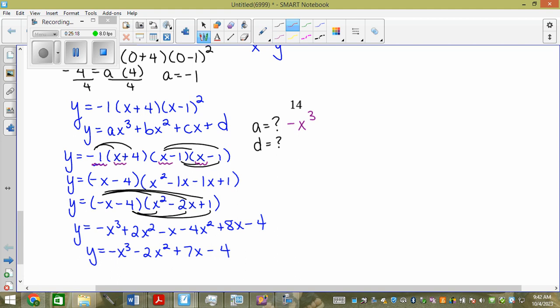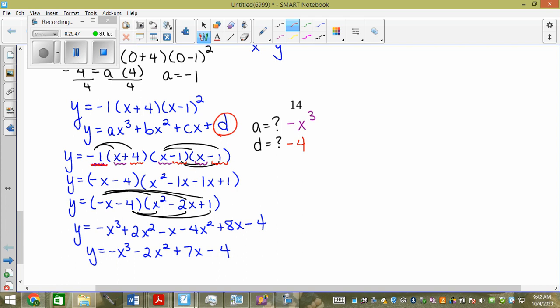If I want d, d is just the no variables, correct? So I multiply everything without a variable in each bracket. So I would go -1 times 4, which is -4, times -1, which is 4, times -1, -4. If you're asked for B or C, you have to expand it. There's no fast way to do that. But they'll often ask for the leading coefficient, so the A, and the D.